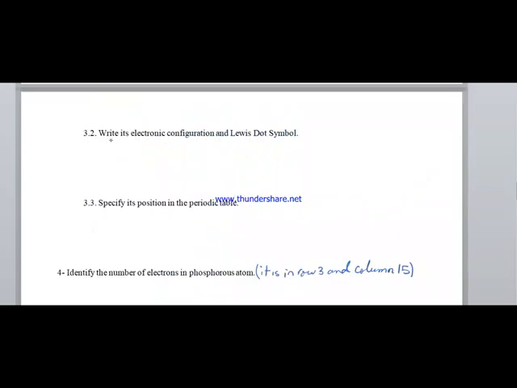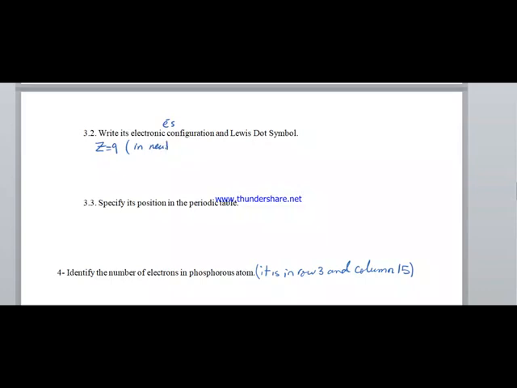Okay, let's continue. Part 3.2. Write the electron configuration and the Lewis dot symbol. Since the atomic number is equal to 9, and in a neutral atom, in order to write the electron configuration, we must find the number of electrons.